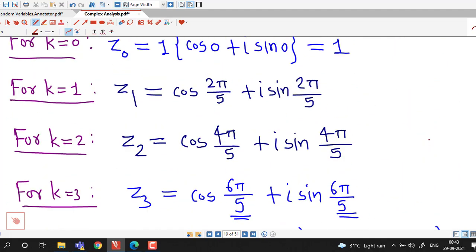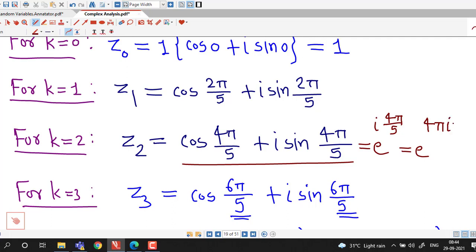And same thing here, we have cos 4 pi by 5 plus i sin 4 pi by 5, so that I can write as, here we have a positive sign, so e raised to i into theta, where the angle theta is 4 pi by 5, so this I can rewrite as e raised to 4 pi i divided by 5.